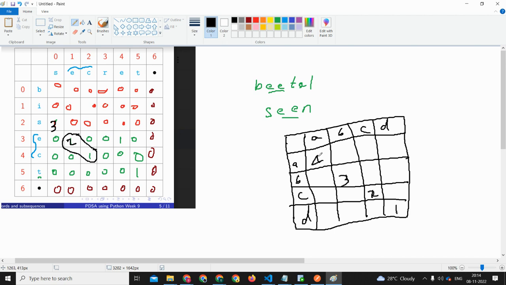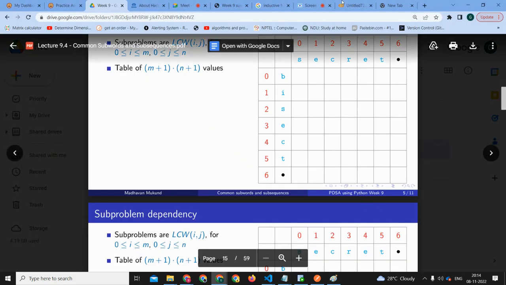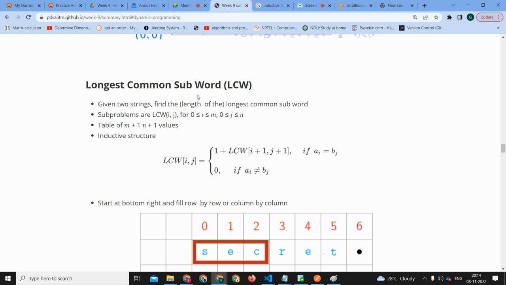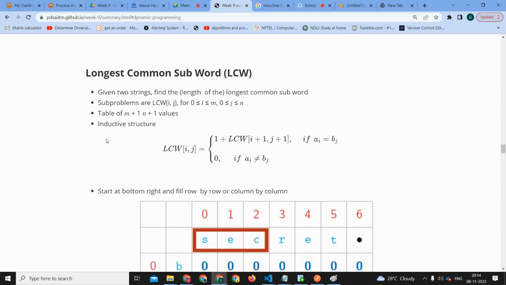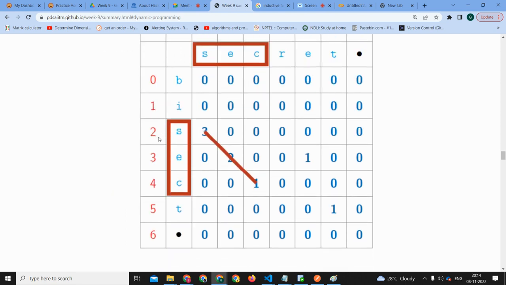So it will be 1, 2, 3, 4. So for the two words ABCD and ABCD, the longest LCW, longest common word, is ABCD, right? Yes. Uma, yeah, got it. Okay. It's a perfect example.